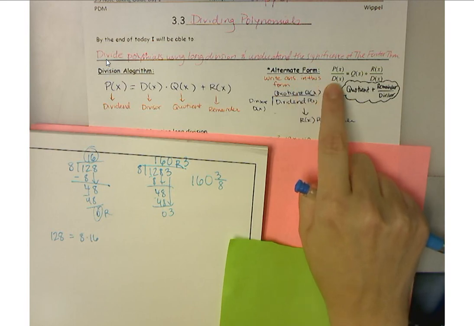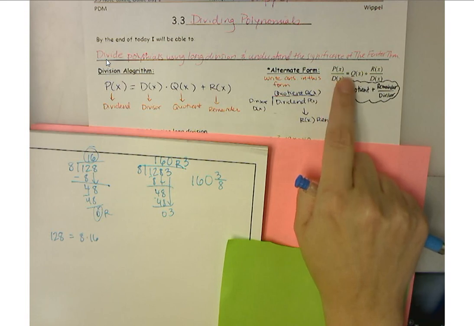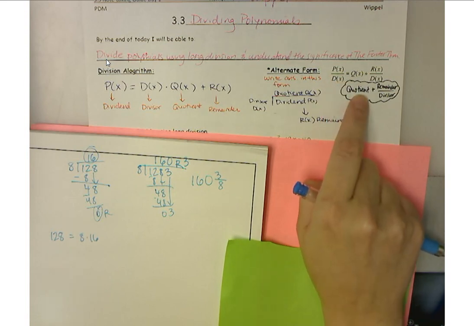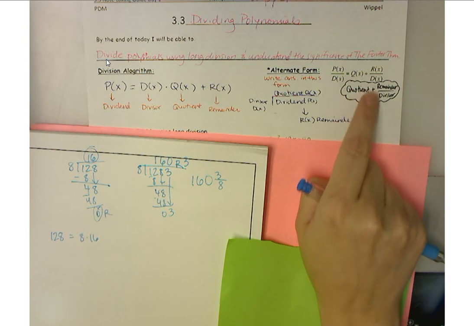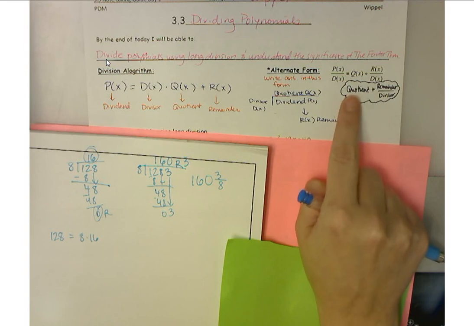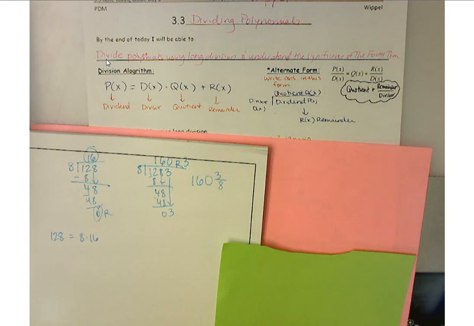Now, when you look at this in the book, it says P of x divided by D of x equals. You're only going to have to write out the quotient plus the remainder over the divisor. Okay, so write that down with me. Okay, so all of your answers will be in the form, the quotient plus the remainder over the divisor.